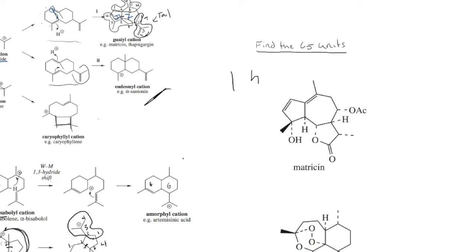So looking at this, you might not be able to find a tail immediately, but I can tell you that it's right here. This is going to be your tail, and you can see you had an oxidation back here at this terminal carbon, which maybe went to the carboxylic acid, which then allowed this lactone to form, right? So you could cut there, right? If you cut there and get rid of this lactone, then you really see that you have the makings of a tail. And given what we know about the different ways that these can cyclize, then you can think about how to go around this thing.